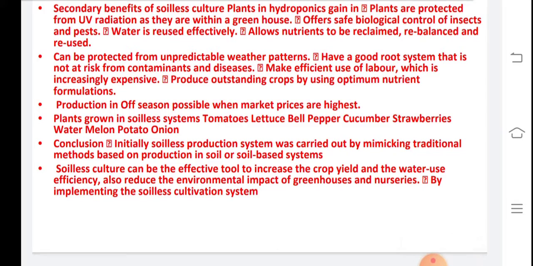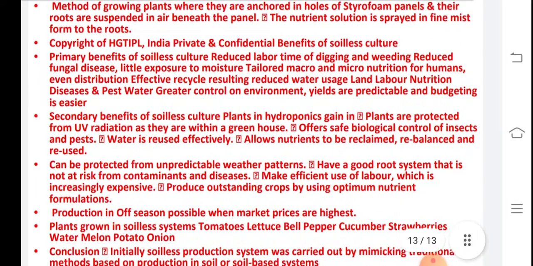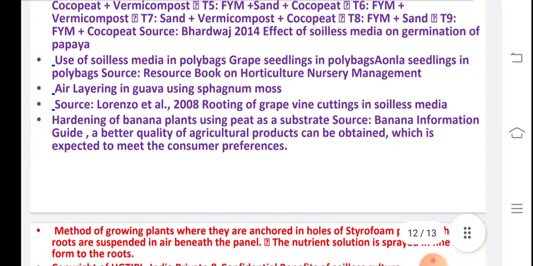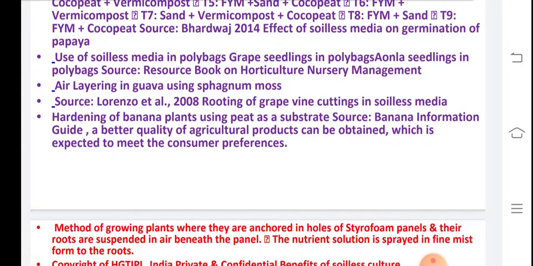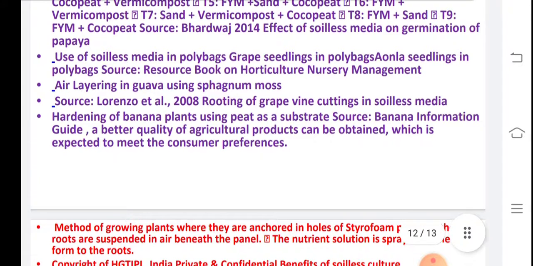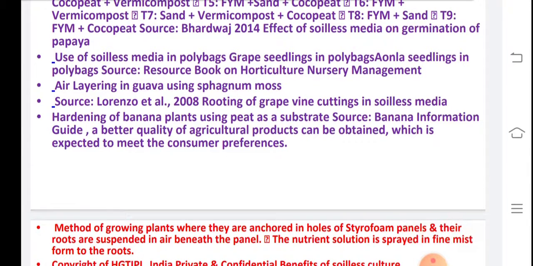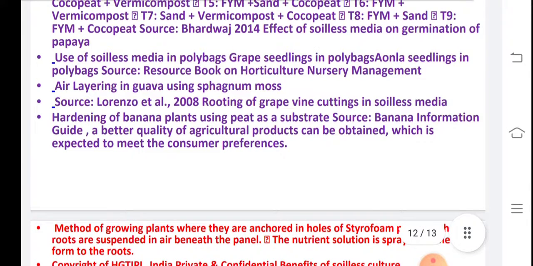Basically, as we know, different soil media are to be used. Then grape vines in 2008: Lorenzo and other scientists showed that grape vine cuttings can be grown by the hydroponic technique.